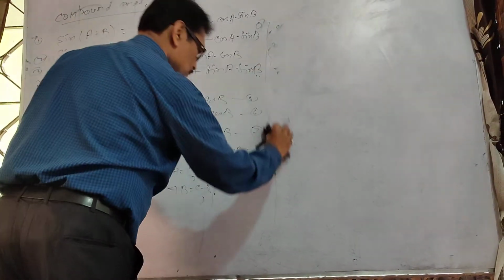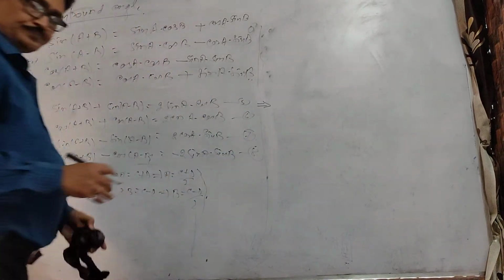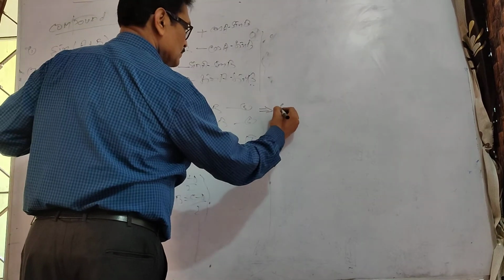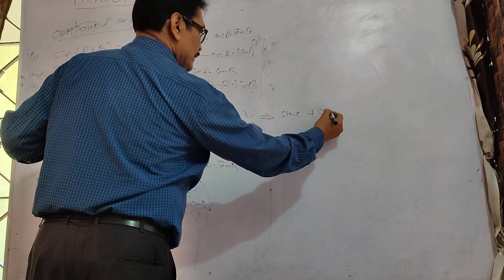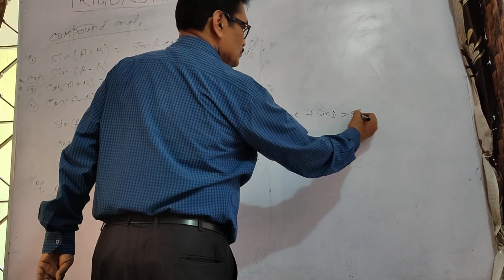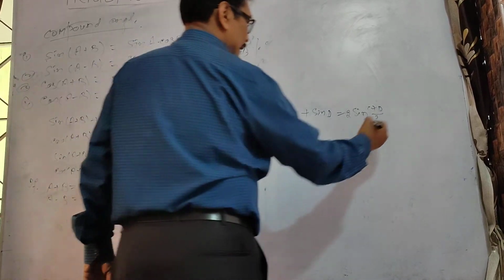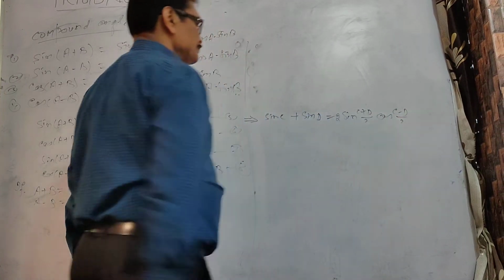So this result 5, sin A plus B, that is sin C plus sin D, becomes twice sin C plus D upon 2 and cos C minus D upon 2.